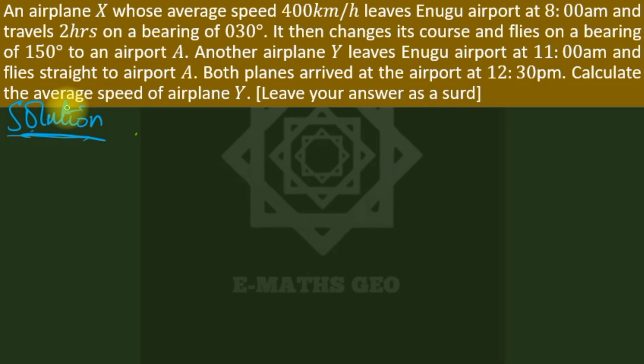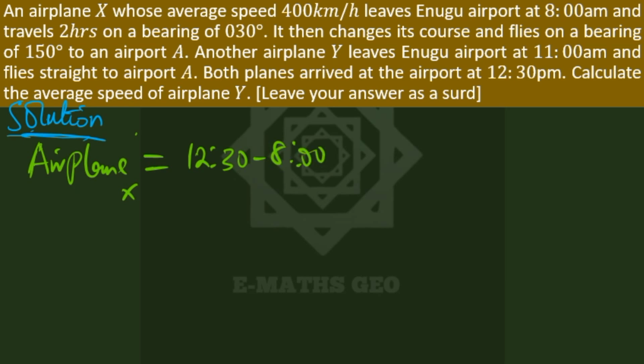We are now asked to calculate the average speed of airplane Y. Airplane X took 12:30 minus 8 o'clock, so we have 4 hours 30 minutes. It took a total of 4 hours 30 minutes for the journey.